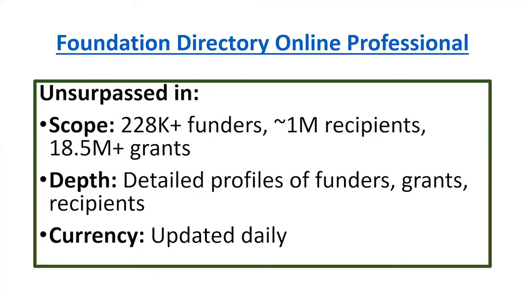There are different tiers of access to FDO, and we have the professional version, which is the most comprehensive. With respect to funding databases, because there are other products out there, FDO is really unsurpassed in terms of scope, depth, and currency, with details on over 228,000 grant makers, the majority of which do not have websites and would otherwise be impossible to find, close to 1 million recipient profiles, and over 18.5 million grants.